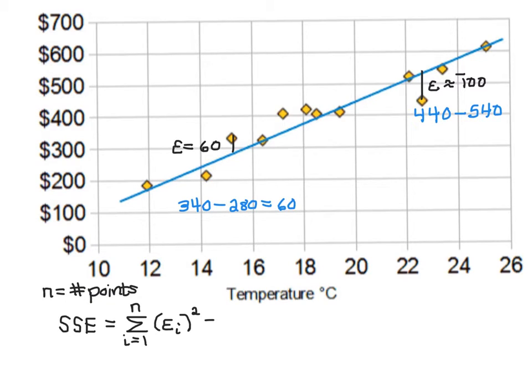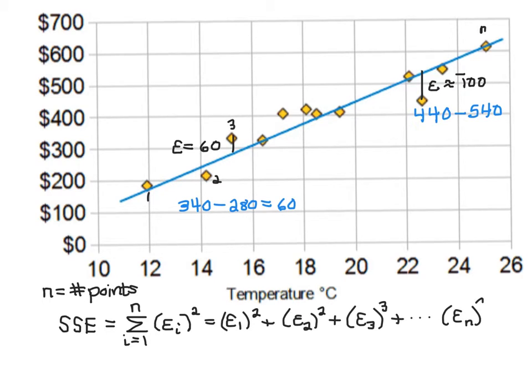So the sum of the square of our errors is the square of the error from our point number 1, our first observation, plus the square of the error from our second point or second observation, plus the square of the error from our third point or third observation, plus, and we continue to add the square of each observation's error until we get to our last point, our nth point here, and we add the square of the error from our nth observation, and this gives us the sum of the square of the errors, or sum of the square of the residuals.